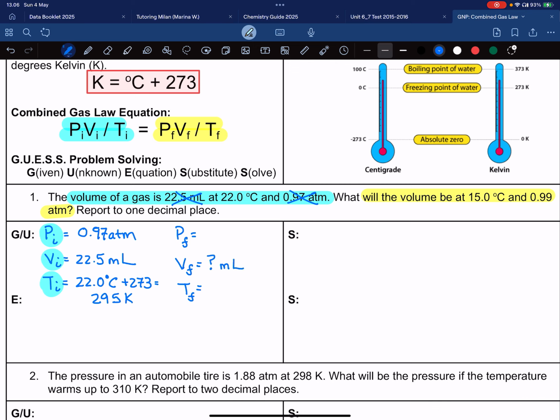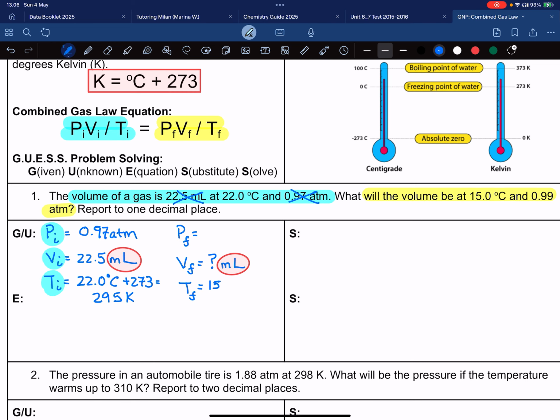The thing to remember here is that your volume is always going to be in the same units as it was given, so it's going to be milliliters in the end. At 15 degrees Celsius, we have to have it in Kelvin, so you need to add 273, and that's going to be 288 K. And 0.99 atmospheres. So slightly more pressure, but not much. So that is our final.